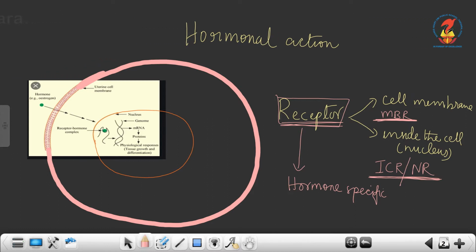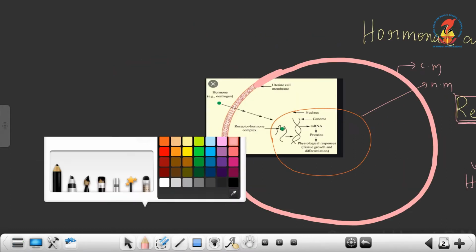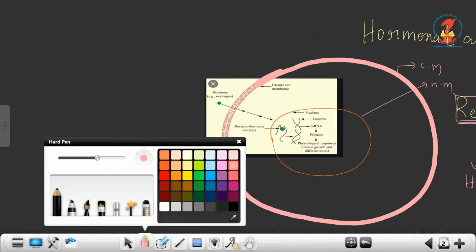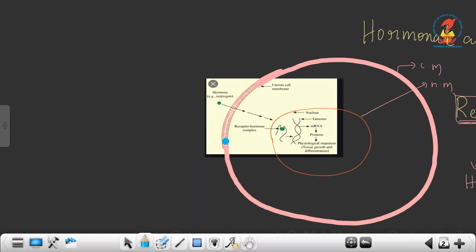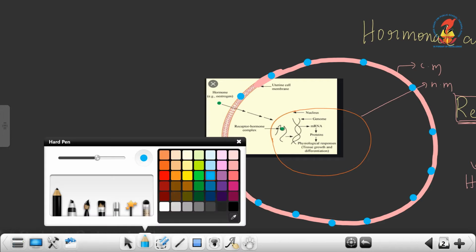Now this is a pullout of your textbook and I completed it to show the cell membrane as well as the nuclear membrane. Now we can see on the cell membrane there are a number of receptors. I am going to indicate in blue color here. These receptors are called membrane bound receptors, and they are hormone specific.